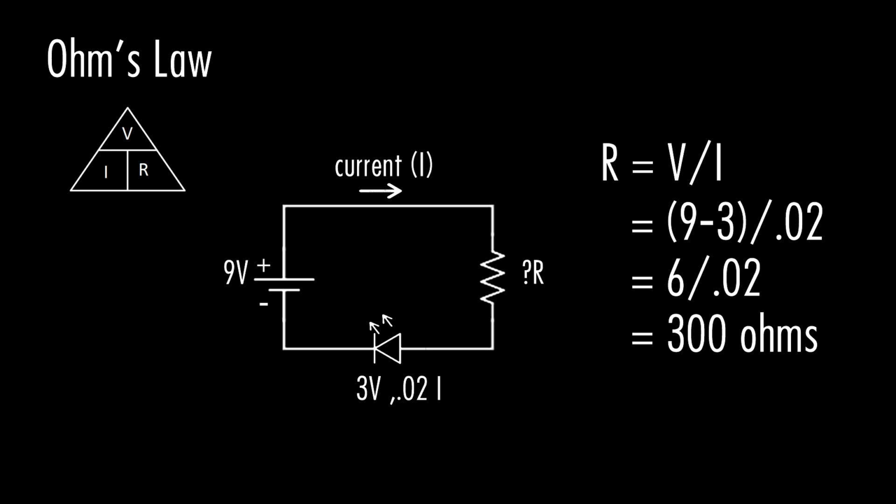So the voltage drop of the LED is 3 volts. So therefore, the voltage drop of the resistor must equal 6 volts, right? 9 minus 3 equals 6. So we have the V. We have the I, which is 20 milliamps, which is 0.02. So R equals 6 over 0.02, which equals 300. So the resistor that we need in this circuit is a 300 ohm resistor.